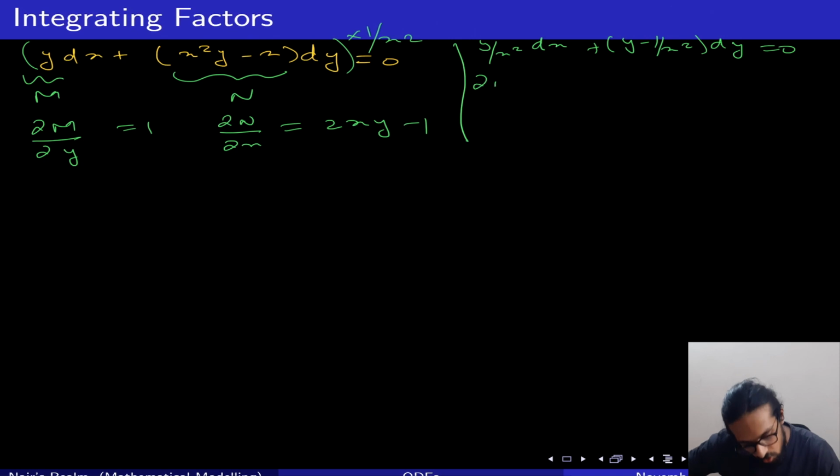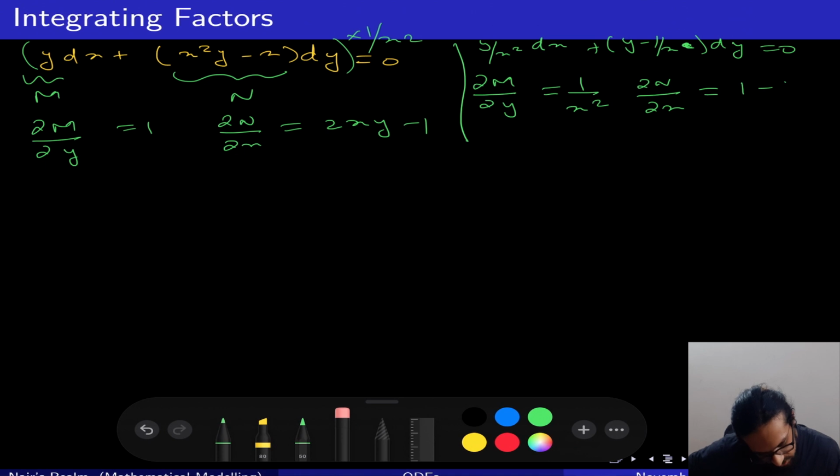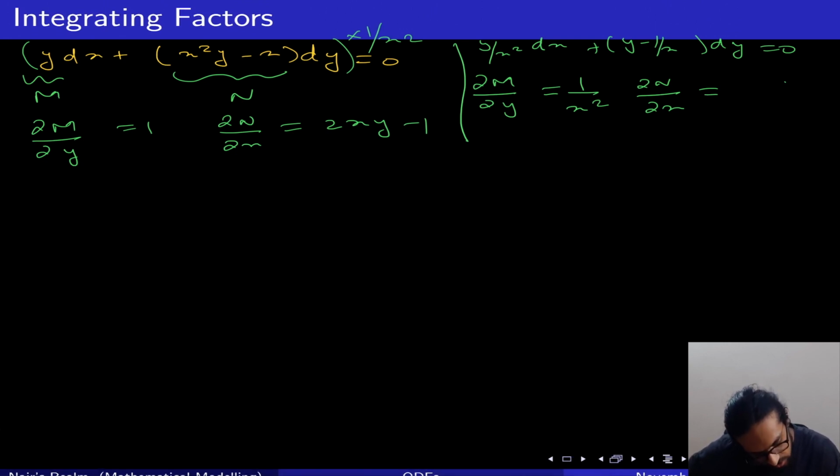Sorry, I made a small mistake in the equation, so this is the actual equation. Now if I do dou M by dou y, what I get is 1 by x square, and if I do dou N by dou x, I actually end up with 1 by x square as well.